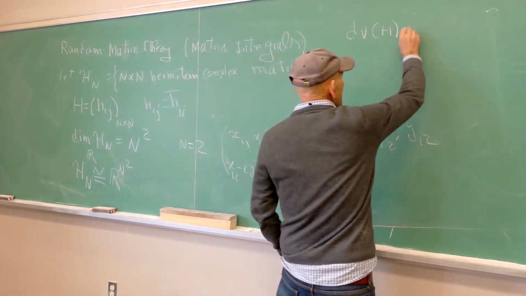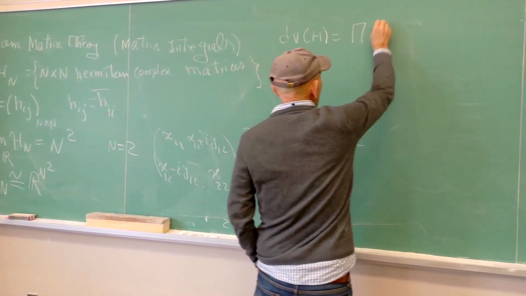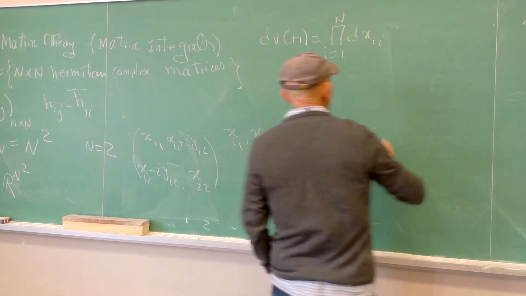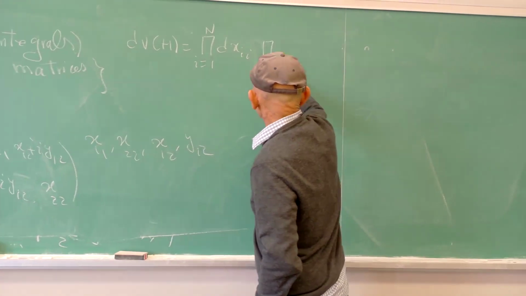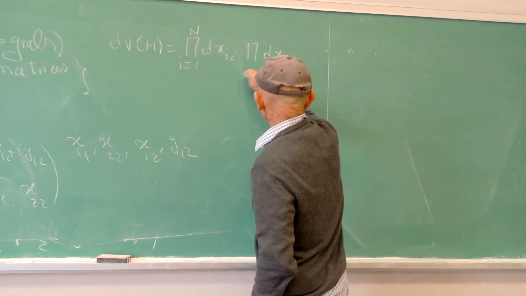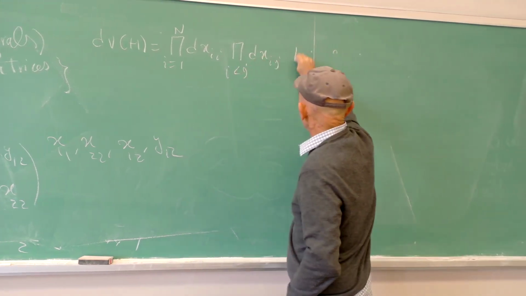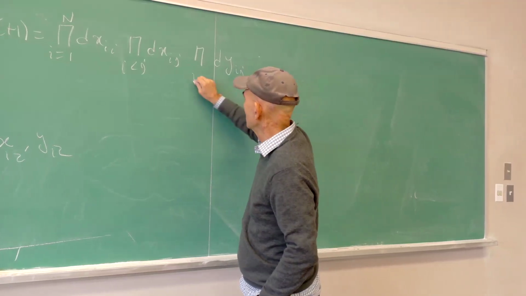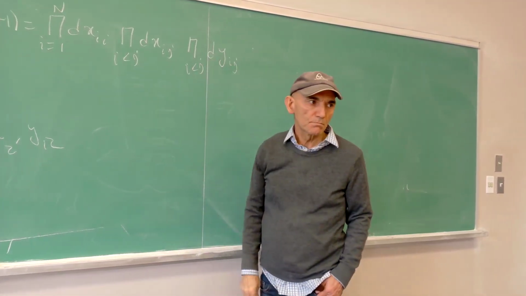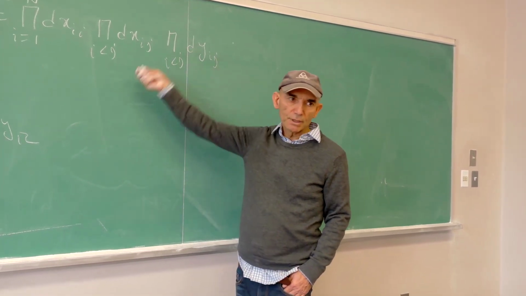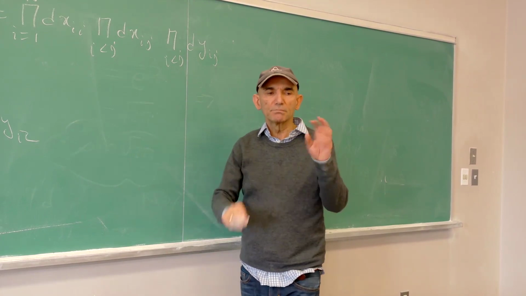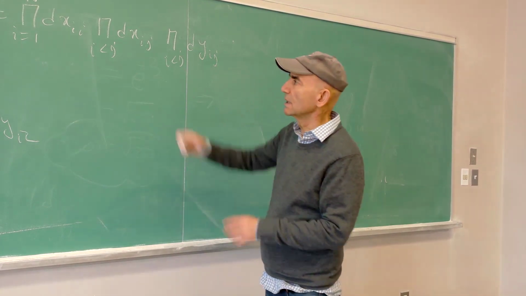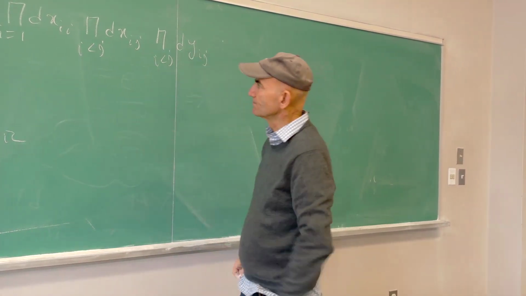This is the product of dx_ii for i from 1 to n, product of dx_ij for i less than j, and product of dy_ij for i less than j. So there are n squared differentials; multiply them, and this is an n squared form.